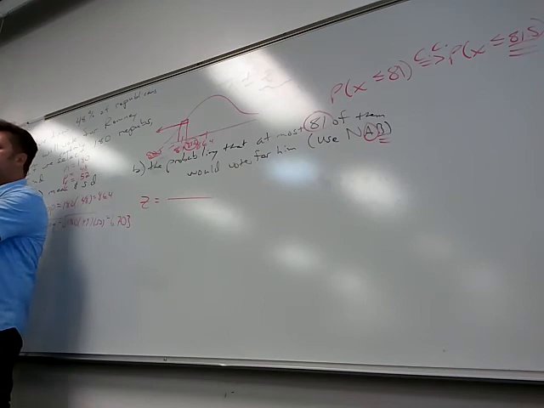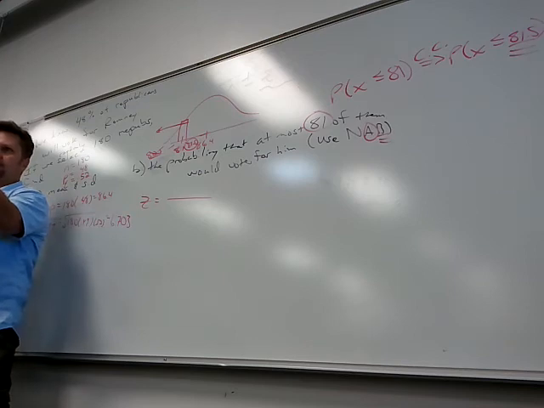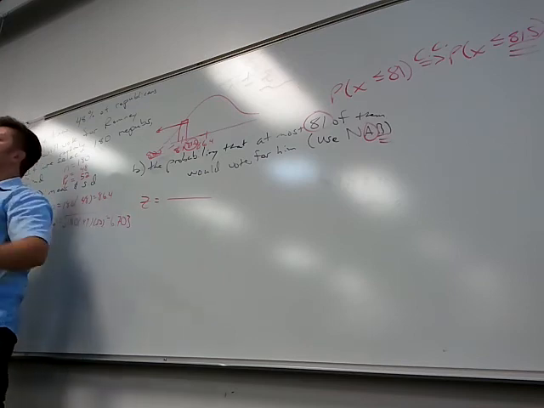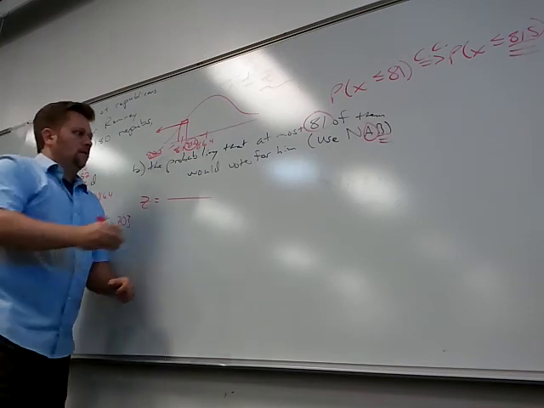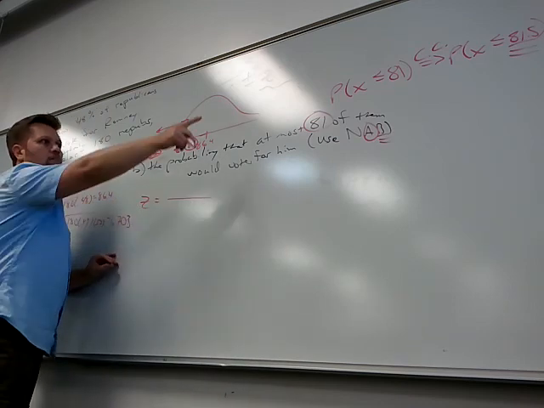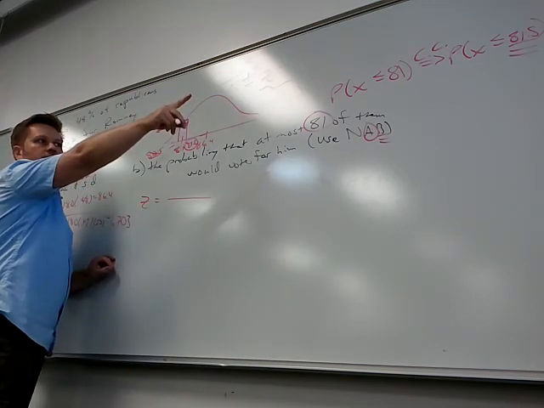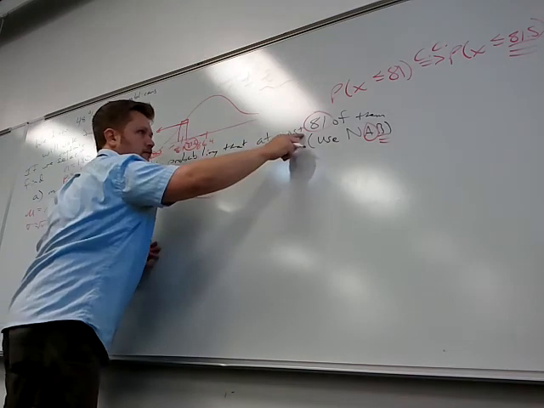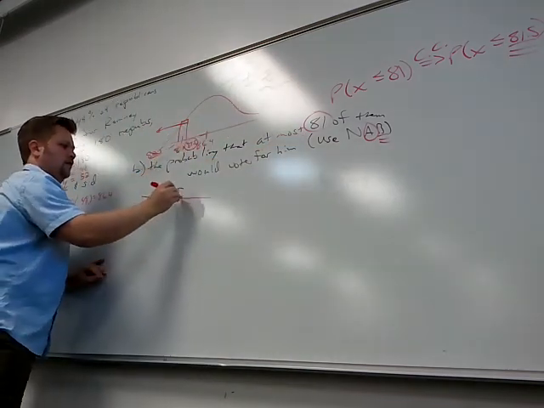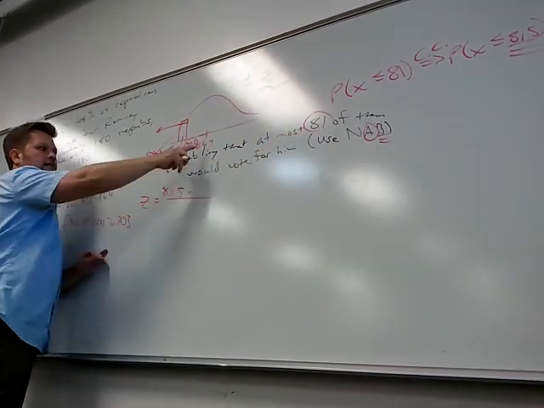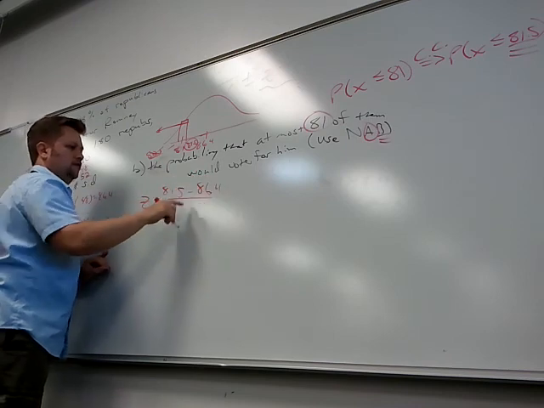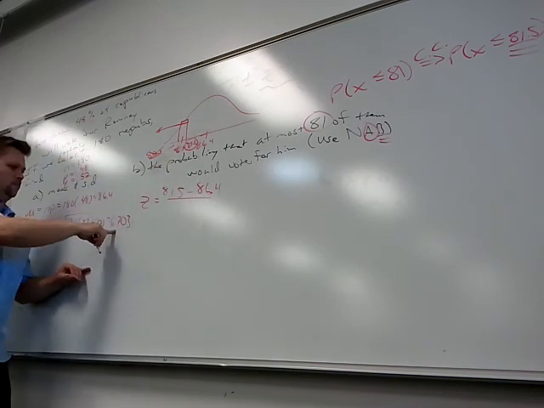So I better pretend that 81 is actually 80.5 to 81.5, because then it's continuous. Which means I just have to figure out what side of the box to go to. So now to make my z-score, my data point will be not 81, 81.5. Minus the mean, divided by the standard deviation.